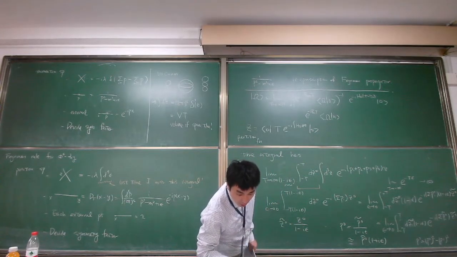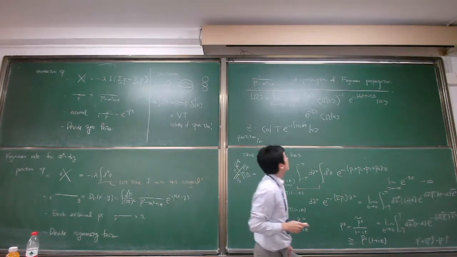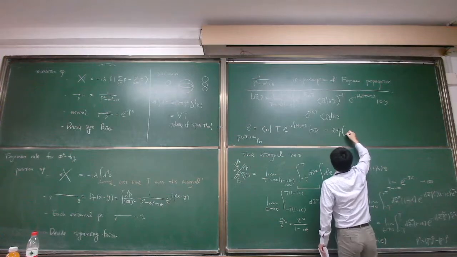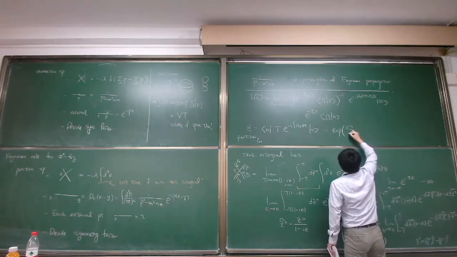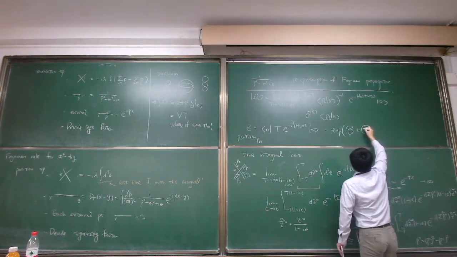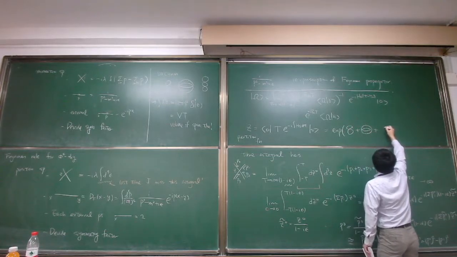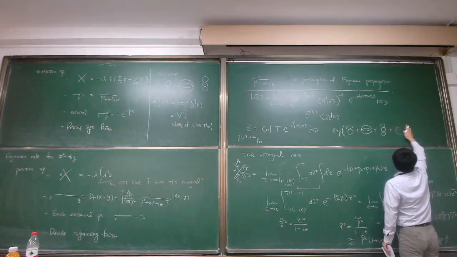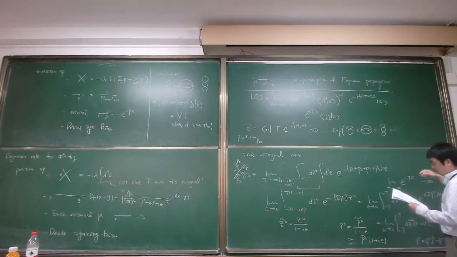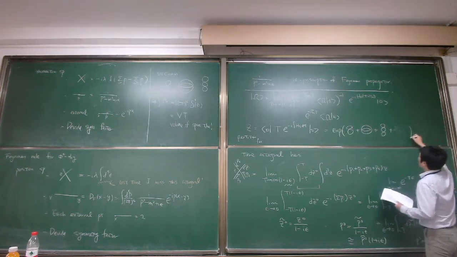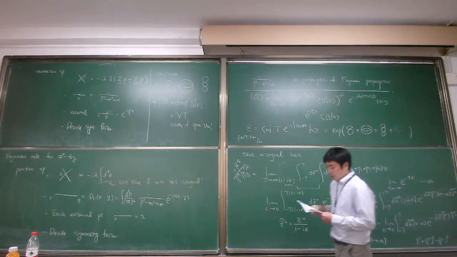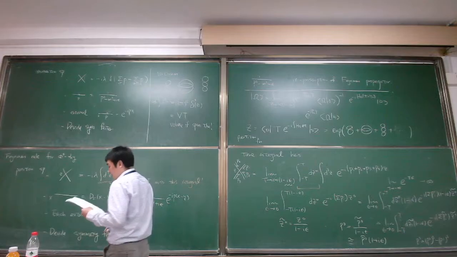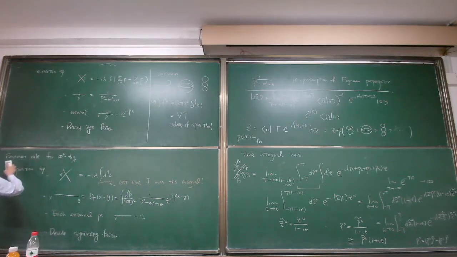I didn't print out this part. Yeah, it's okay. And this is equal to the exponential of, as I explained last time, vacuum bubbles plus this kind of stuff, and so on. So that's what we learned last time, and then we try to interpret what it means.